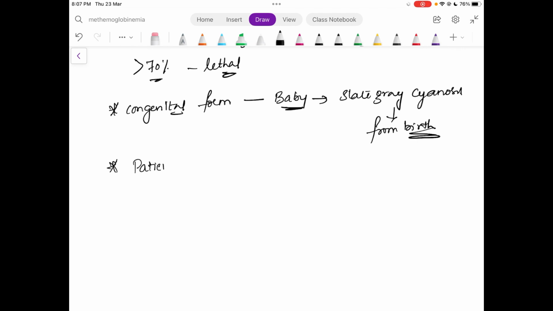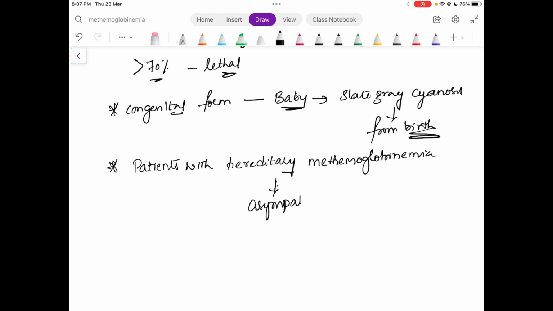And patients with hereditary methemoglobinemia are asymptomatic.